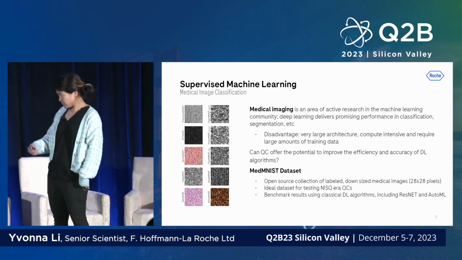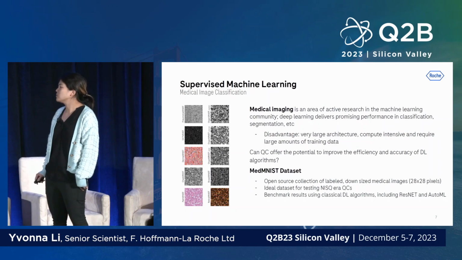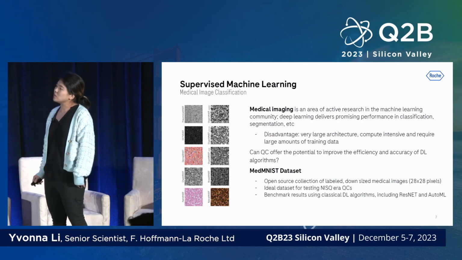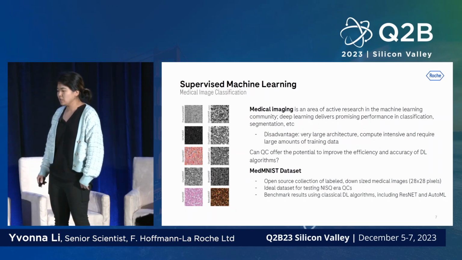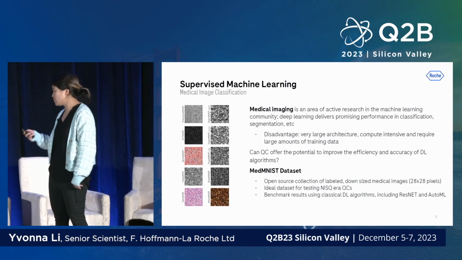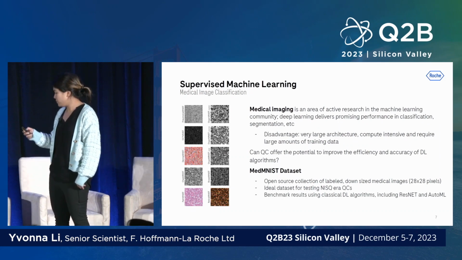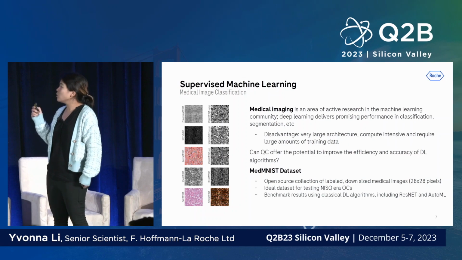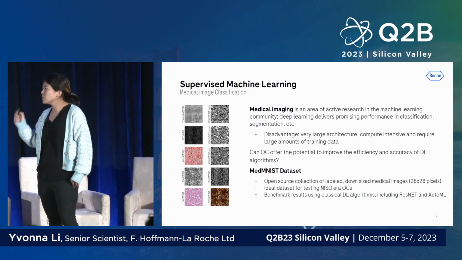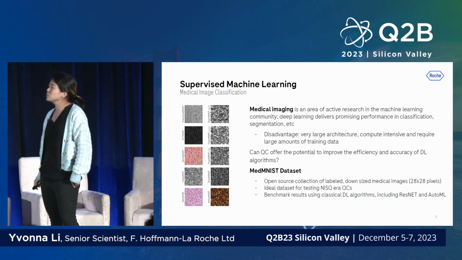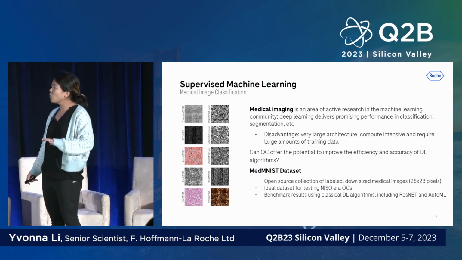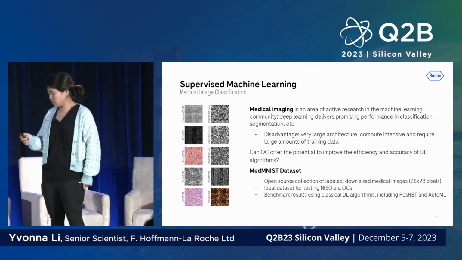It covers quite a nice variety of different image modalities, coming with the classical benchmark results as well. And so the goal, again, is to investigate whether quantum computing can really offer the potential to improve either the efficiency or the accuracy of deep learning algorithms.